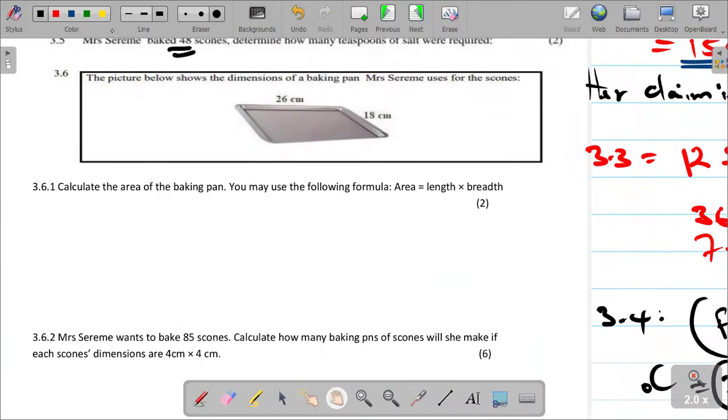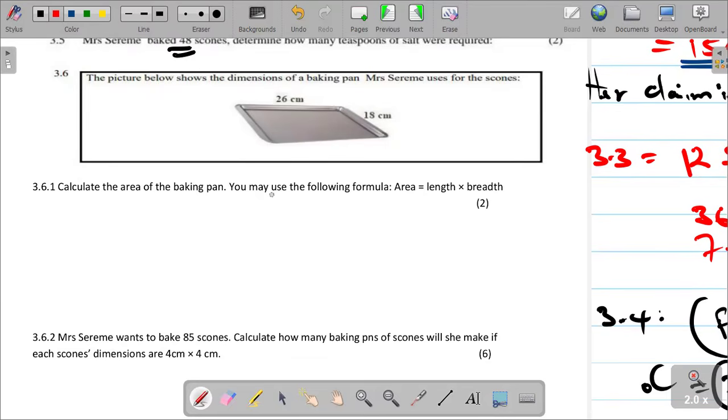The next question says the picture below shows the dimensions of a baking pan, which Miss Serene uses for the scones. Calculate the area of the baking pan.